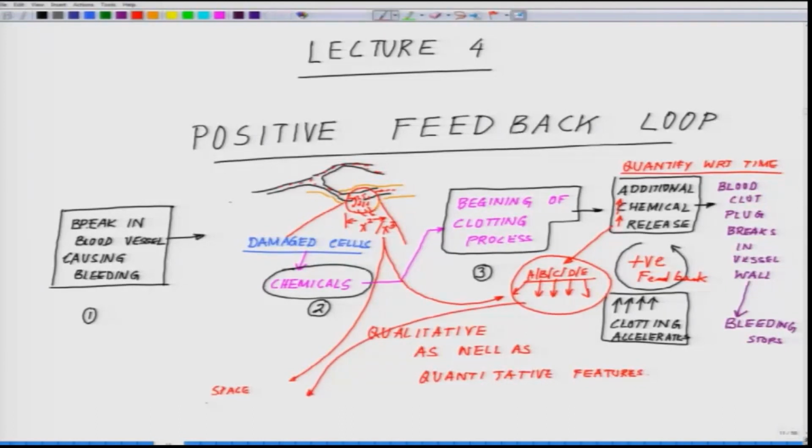second thing. So if this is the space, the damaged space, the types of chemicals, and the most important part out here is this with respect to time.